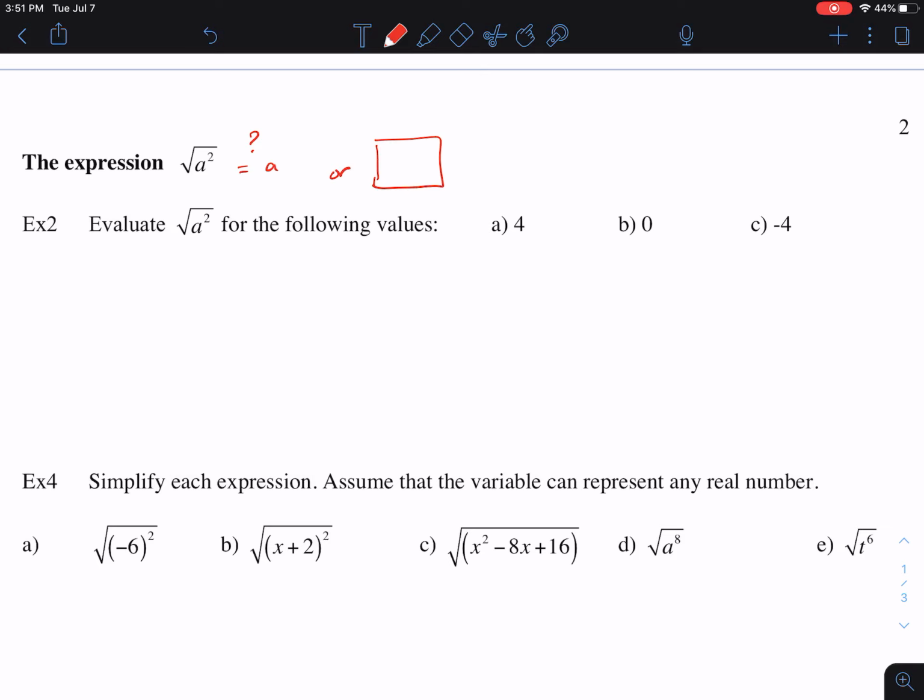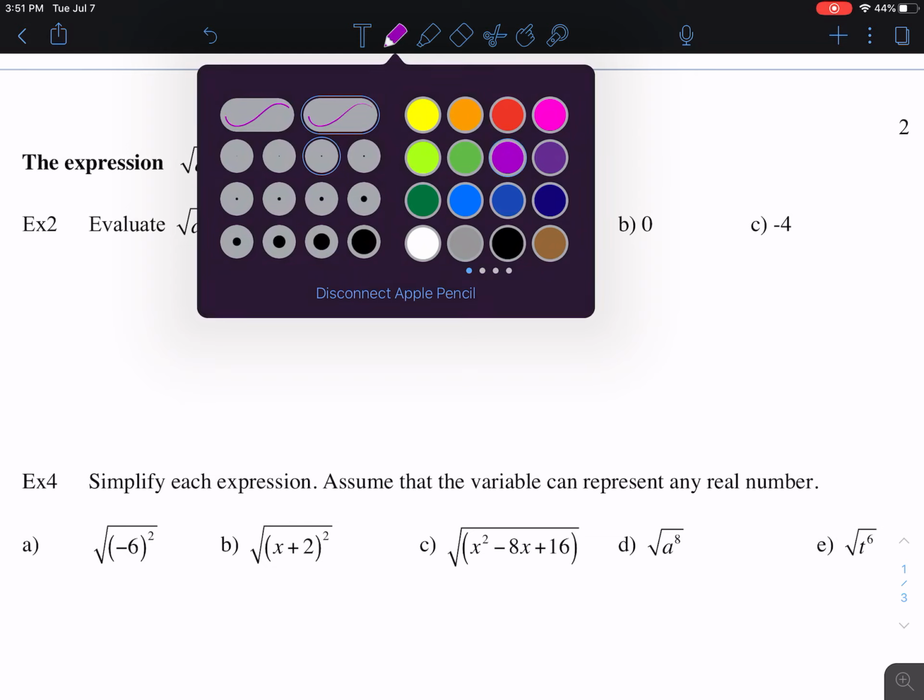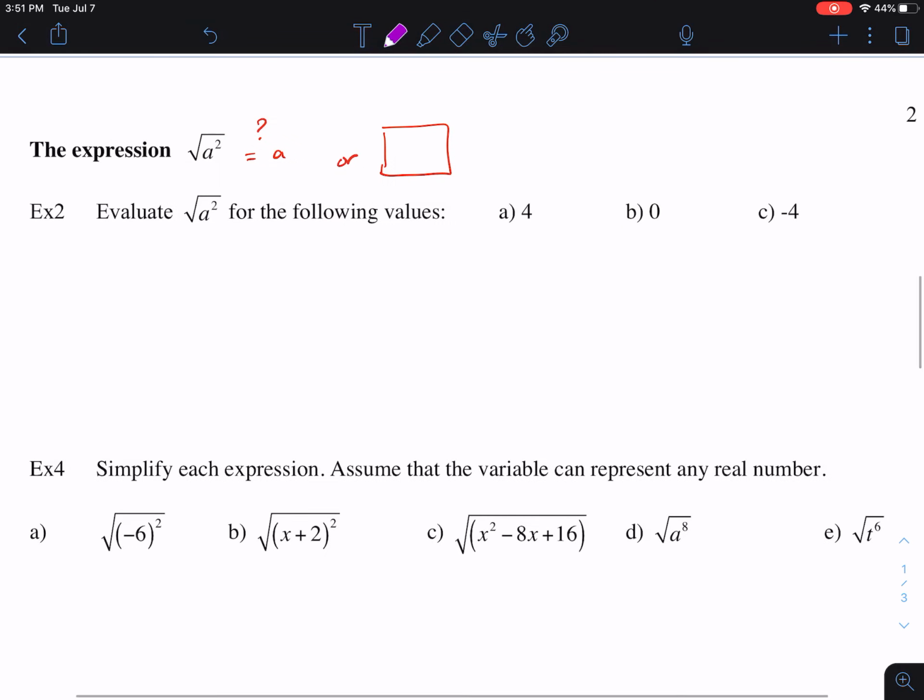Okay, let's find out. Let's play around by plugging some numbers into the square root of a squared. So if a is 4, the square root of 4 squared, I can say that becomes the square root of 16, so that's 4. Okay, so in this case, if a is positive 4, the square root of a squared is going to be the same as the a value.